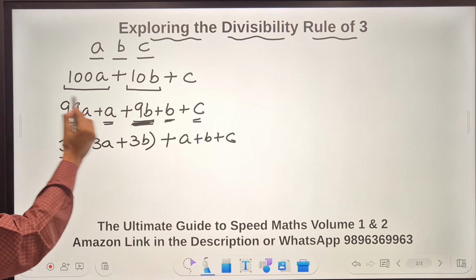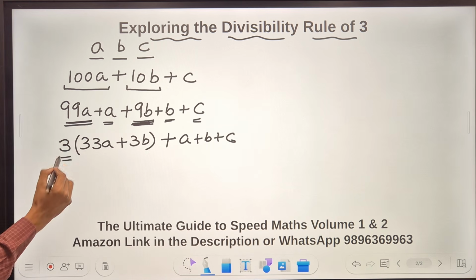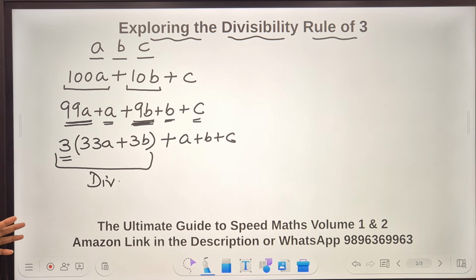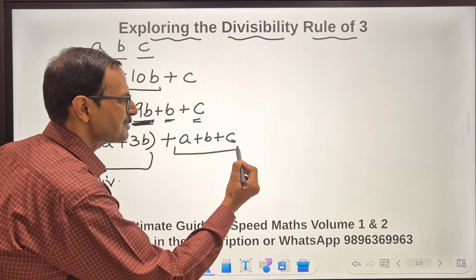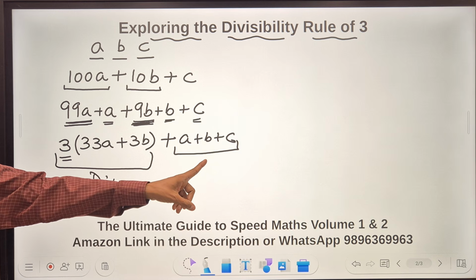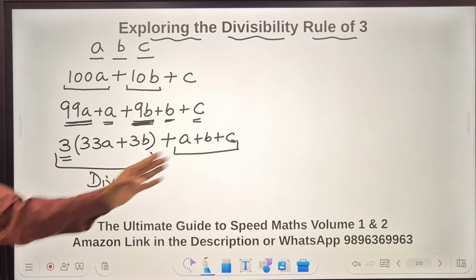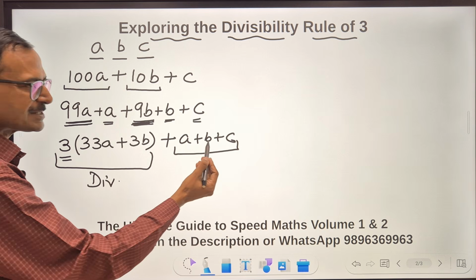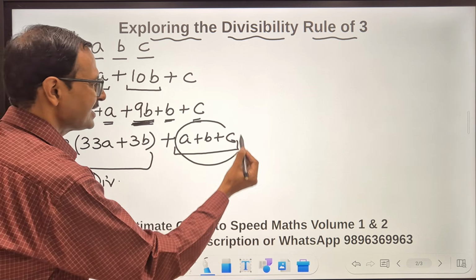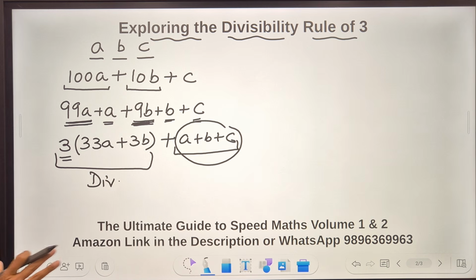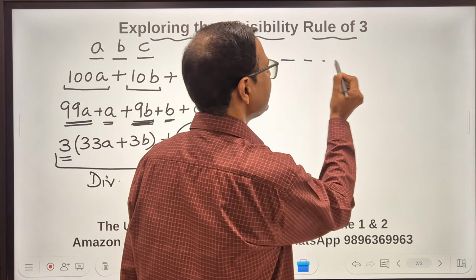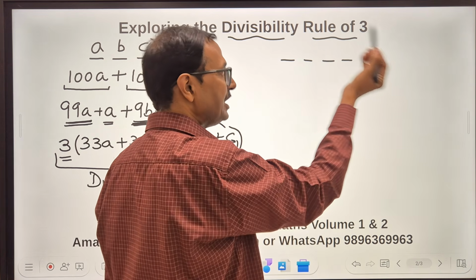So when will the complete number be divisible by 3? This is already divisible by 3 because 3 is a common factor, and so the number will be divisible by 3 if A plus B plus C is divisible by 3. And that's what the rule of 3 is. Sum of the digits should be divisible by 3. A plus B plus C. Now this holds good for 3-digit numbers. Does it work for 4-digit numbers like A, B, C, D, or even a 5-digit number, maybe E also?